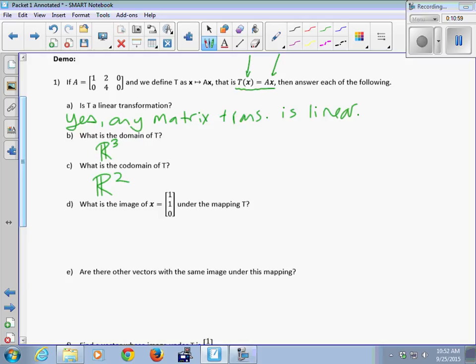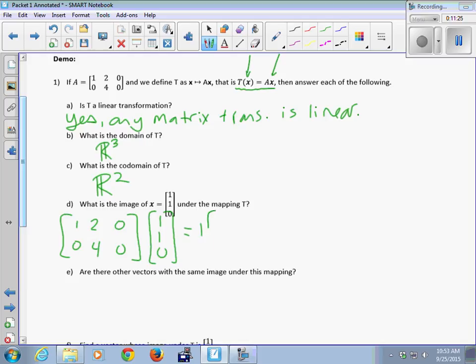All right, so if I want to find the image of the vector 1, 1, 0 under the mapping, that just means plug 1, 1, 0 into the formula A times x, right? So I'm just going to multiply A, 1, 0, 2, 4, 0, 0, times 1, 1, 0. Each of the entries in that vector becomes a weight on one of the columns.